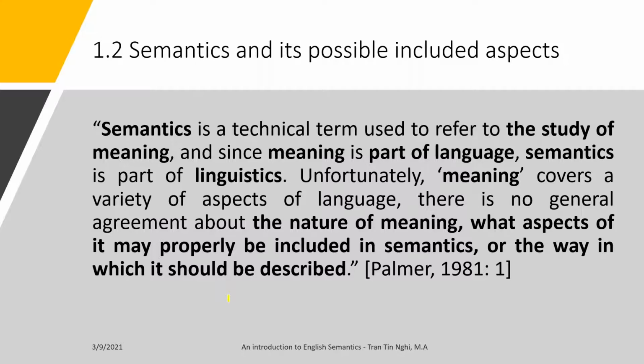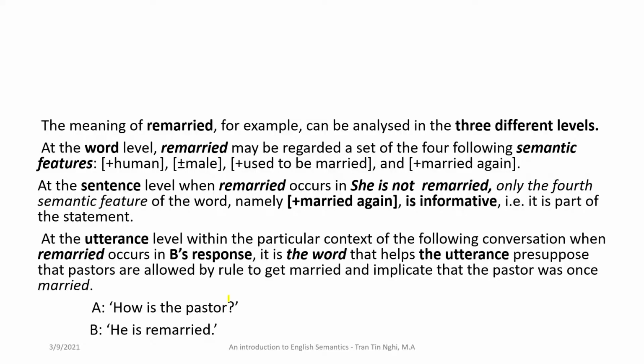I mean that it's very difficult because meaning covers a variety of aspects of language. There's no general agreement about the nature of meaning or what aspects it may properly include in semantics or the way in which it should be described. That is written by Palmer in 1981, page 1, and I will tell you later.